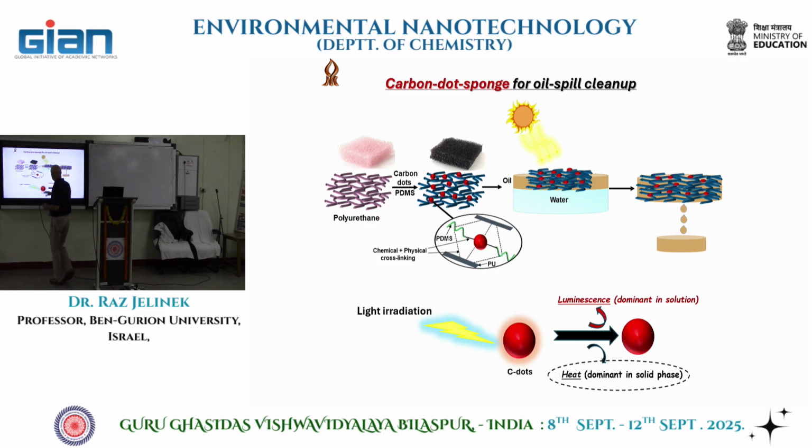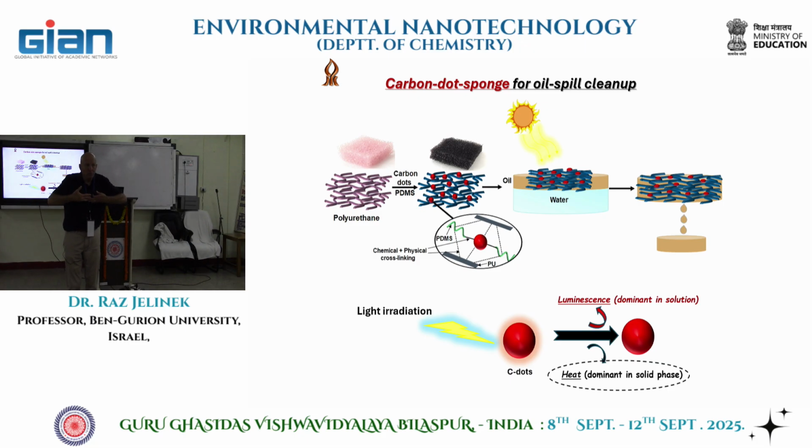So what happens? We have the sponge that is very porous with all the carbon dots sitting inside. We put this in the oil. We have the ocean, we have the river. We dip it in the oil, and then we have the sun. We shine light. The light gets absorbed by the carbon dots, and then we have the photothermal effect.